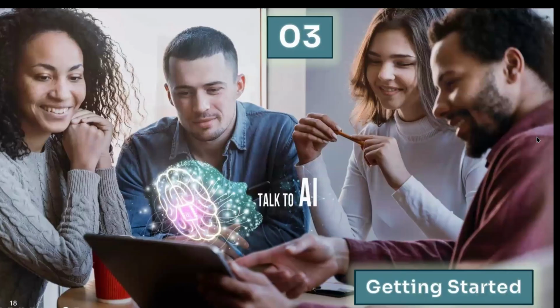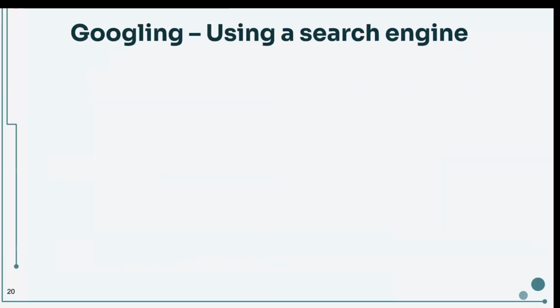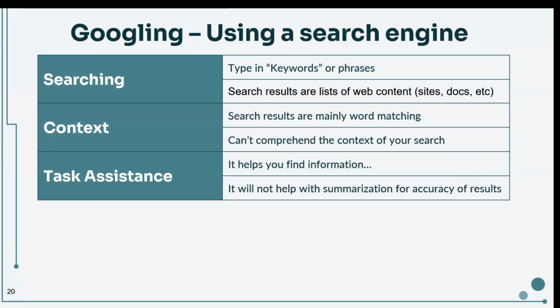Now let's get started. Let's talk to AI. Let's get into the nitty gritty here. Search versus prompting. We laugh about this because Googling is so 2023. Let's talk about prompting. So Googling, using a search engine, works by you typing in words and the search triggers off of keywords. The search results are going to be a list of web content, documents, sites, photos that match those keywords.